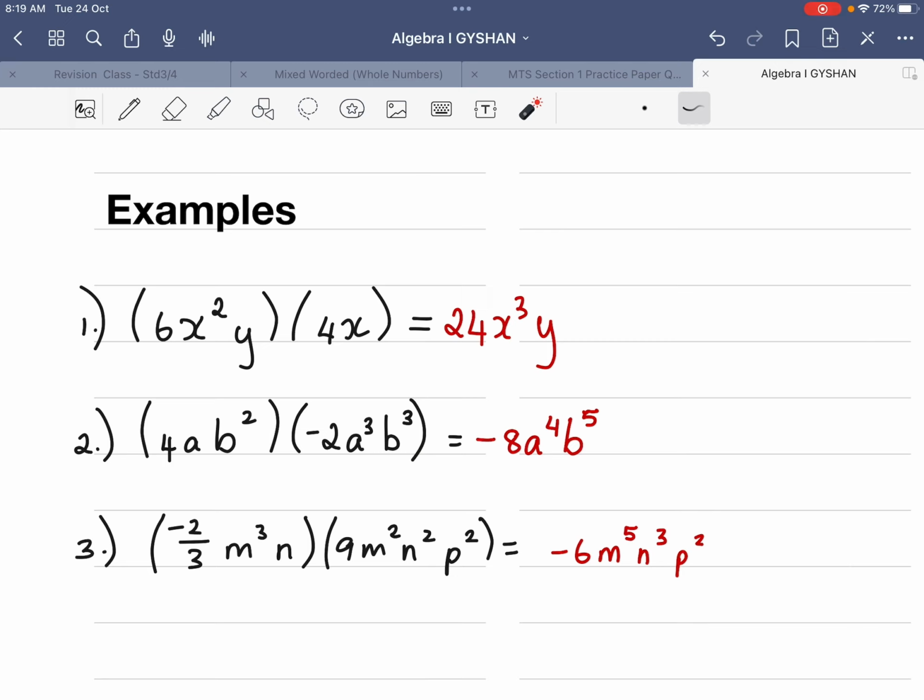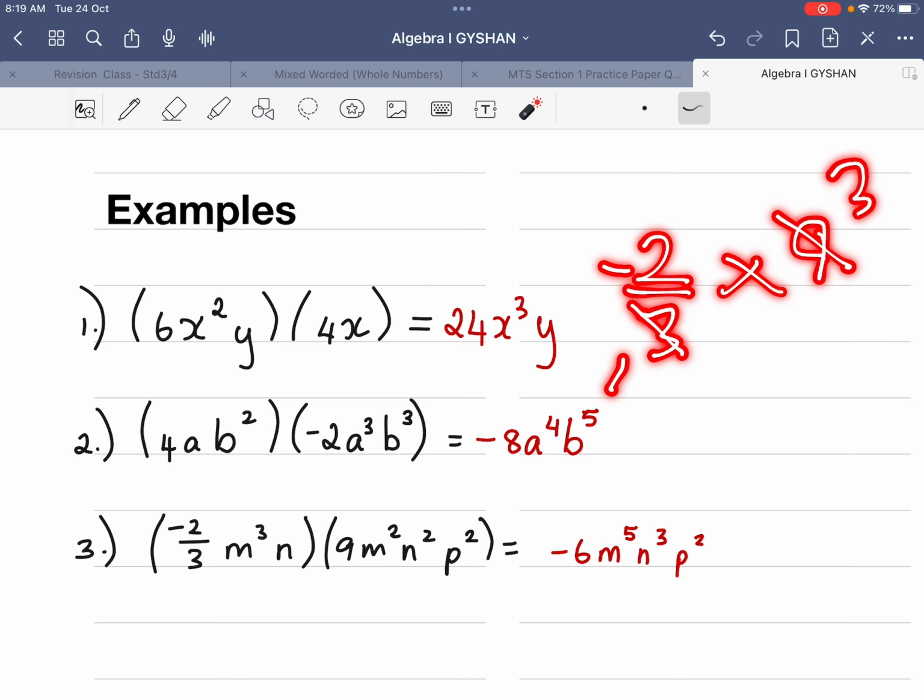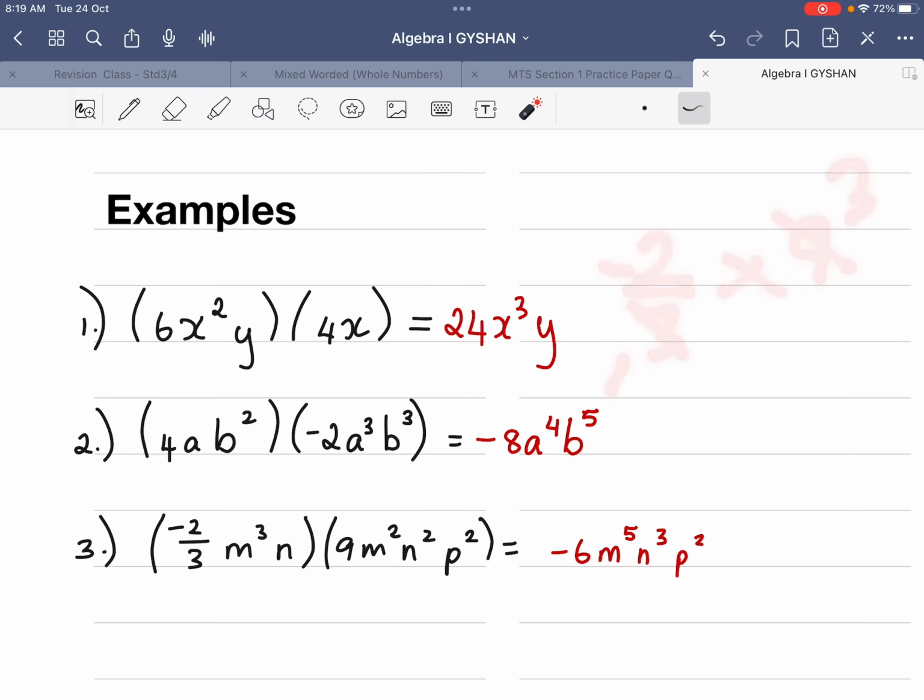Right, this one, hopefully the only thing that gave you all trouble is the fractions, which is not too difficult. Minus 2/3 multiplied by 9. So 3 into 3 is 1. 3 into 9 is 3. So minus 2 by 3 is minus 6.